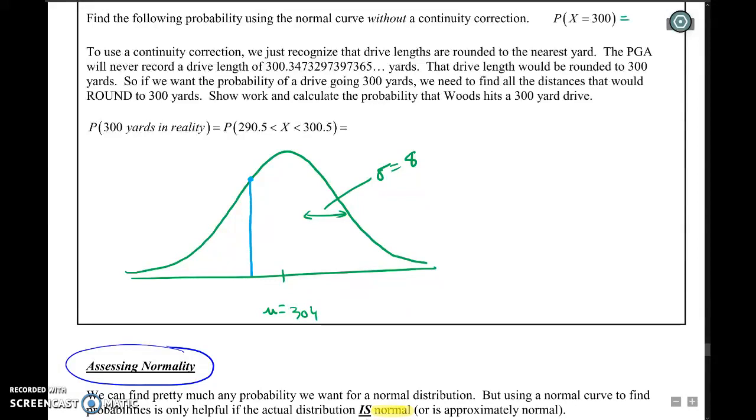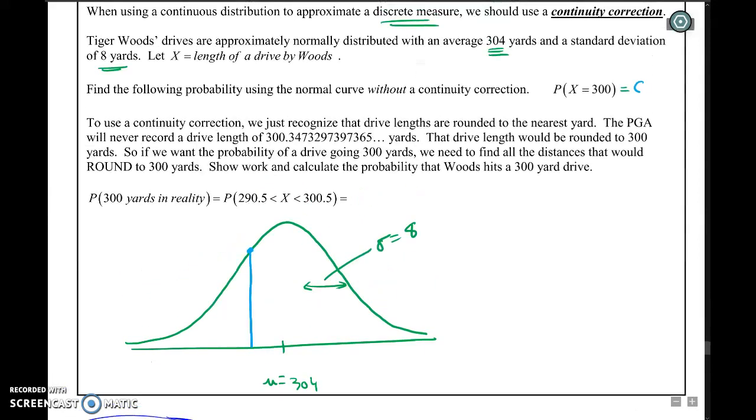But again, what's the area underneath a single point? It's 0. This is 300.000000000 to infinity. The probability he hits one exactly 300, if you measure with that kind of accuracy, is nil. But that's not really what we mean when we say what's the probability he drives at 300 yards.